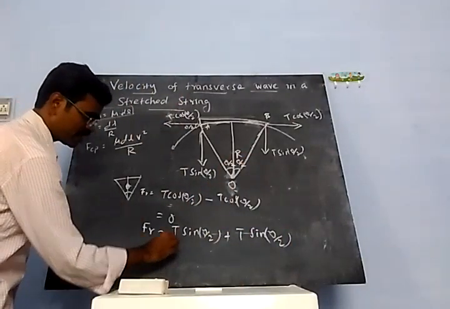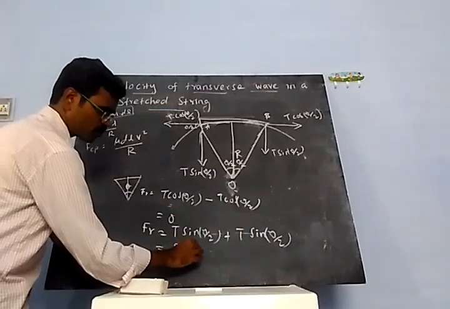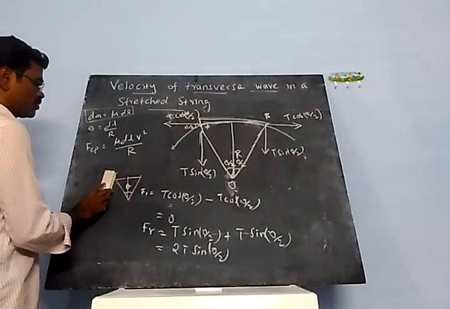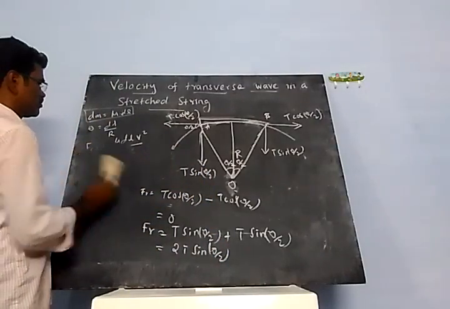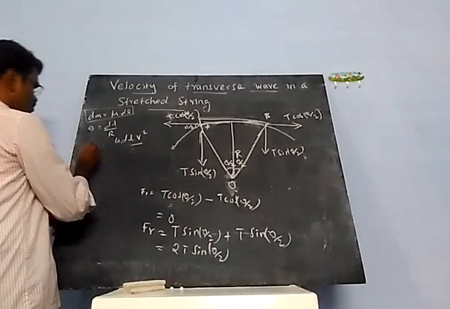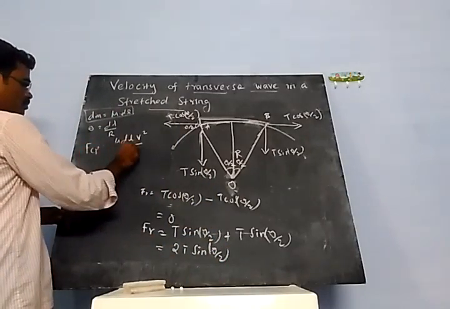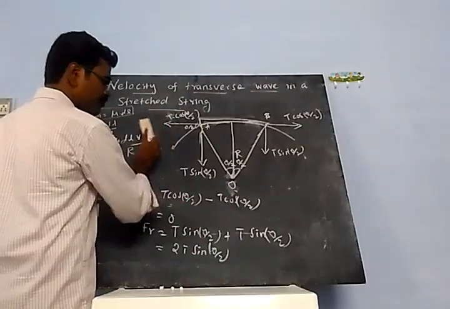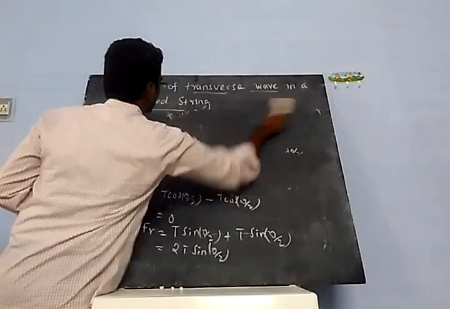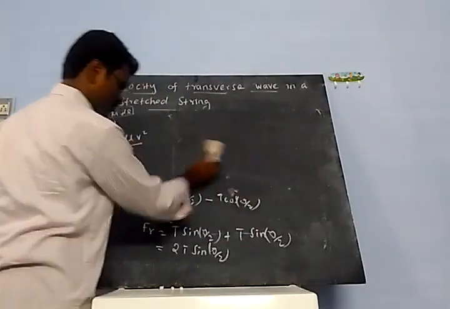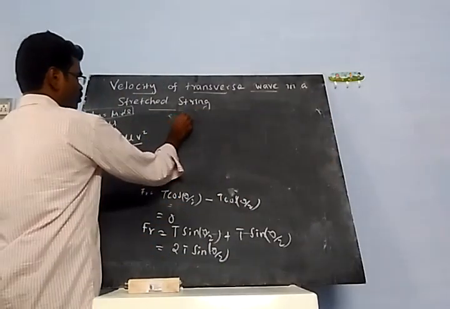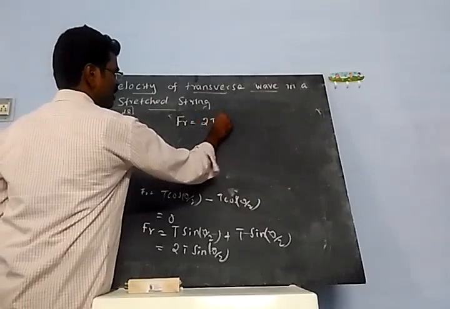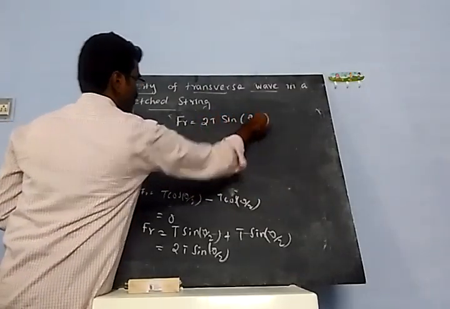So what can we get? Adding these two values, 2T sin theta by 2. So radial force F_r is equal to 2T sin theta by 2.